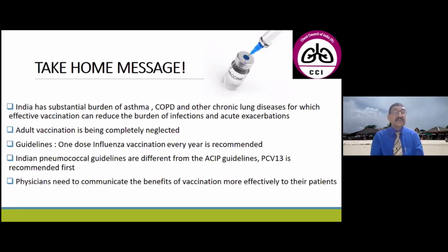The guidelines say that one dose of influenza vaccination every year is recommended for an asthmatic patient. Indian pneumococcal guidelines are different from ACIP guidelines; PCV13 is recommended first in comparison to PPSV23. Physicians need to communicate the benefits of vaccination more effectively to their patients.